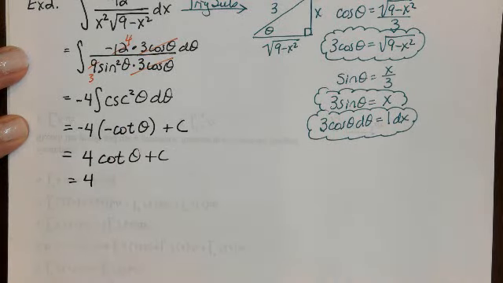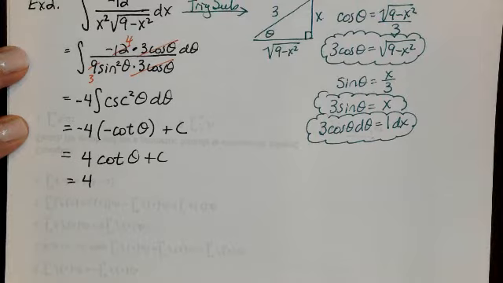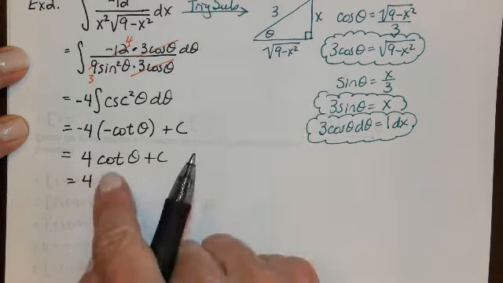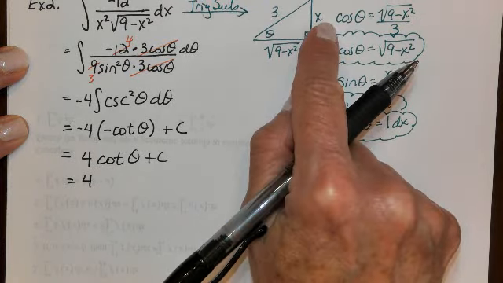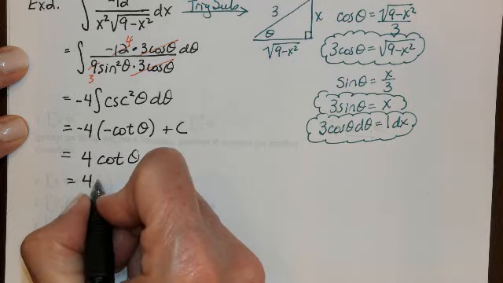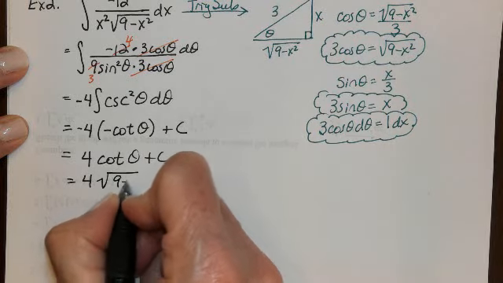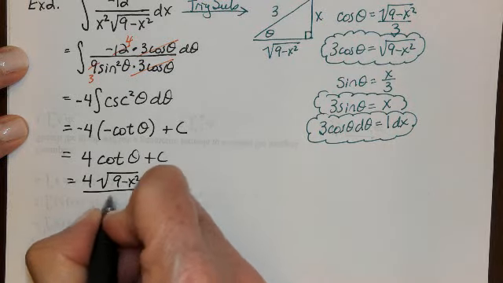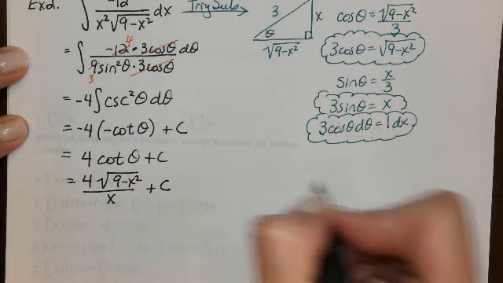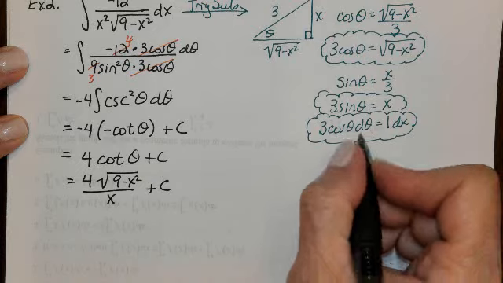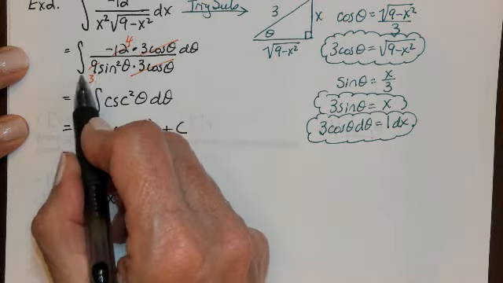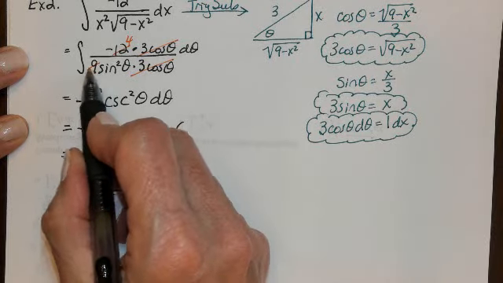So now we just have to go back to x's. So here's theta. What is cotangent theta? Cotangent theta is adjacent over opposite. So square root of 9 minus x squared over x plus c. And I just realized I didn't bring over that 3, did I?